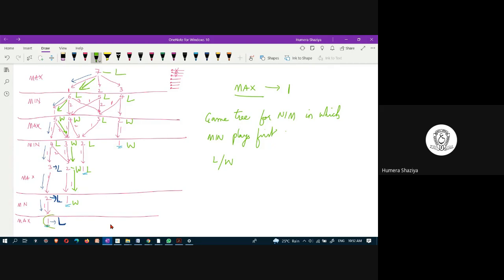From here we know that Max loses, and eventually also, if you label it and then determine, then also we know that Max is losing. Now you do it for Min. Continue and tell me whether Min here would get W or L, whether Min would lose or win.